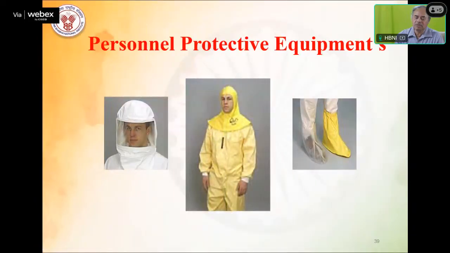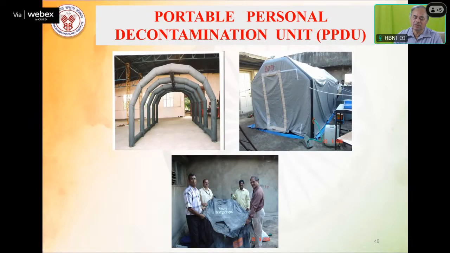Now, these are the personal protective equipment we use in our plant, or should use in case of any emergency. If any emergency is there, be it CBRN, radiological or chemical, proper personal protective equipment should be used before we take up the work. Then there are portable personal decontamination units.